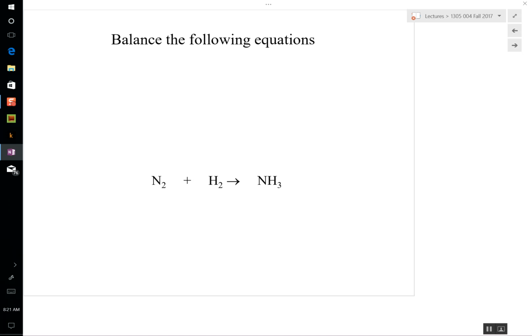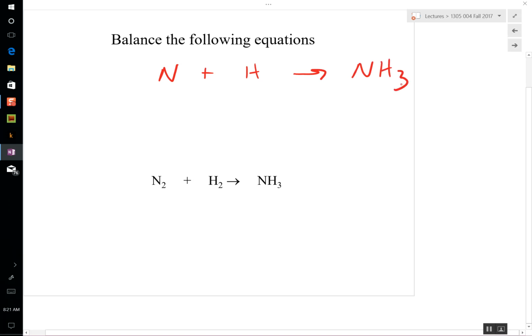You've got nitrogen, hydrogen, ammonia. So ammonia is a compound made up of nitrogen and hydrogen. What are nitrogen and hydrogen? They are diatomic elements. So they exist as N2 and H2. It would be beautiful if you could write this equation like this.